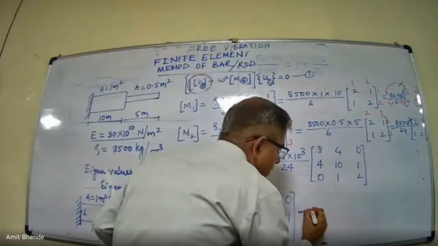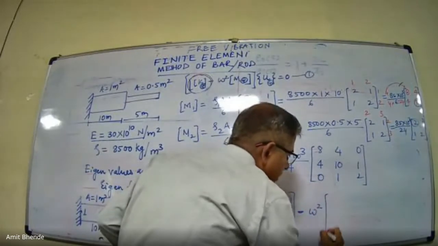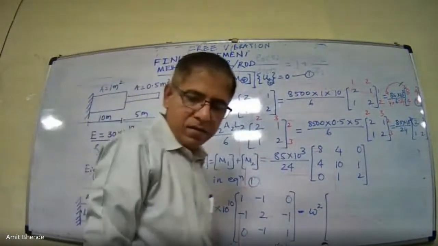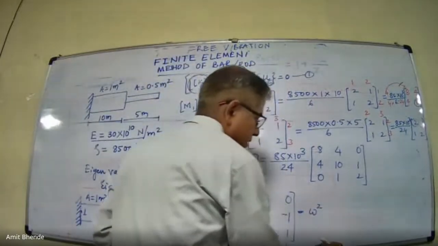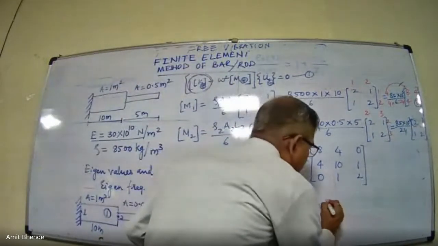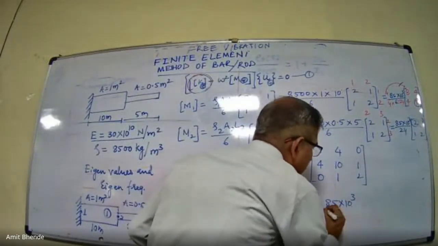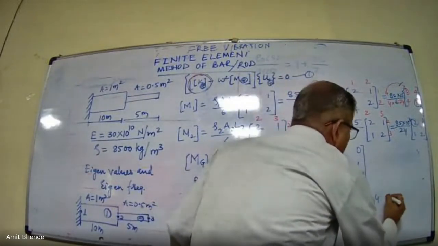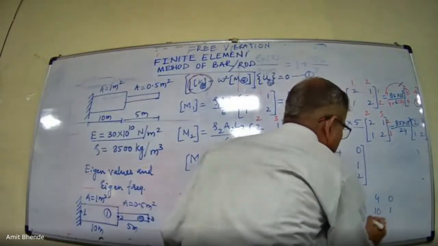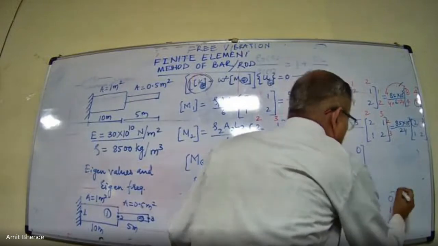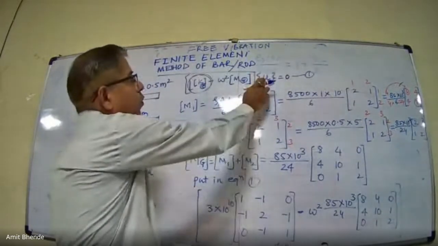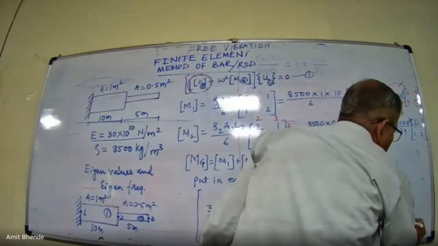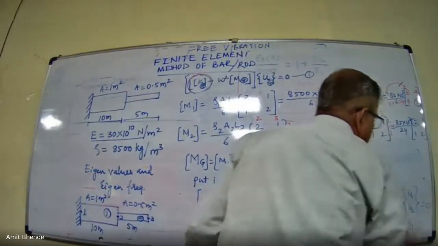Then minus omega square, then the global mass matrix, which is 85 into 10 to the power 3 divided by 24, 8 4 0, 4 10 1, 0 1 2, multiplied by the global displacement matrix U1, U2 and U3, and this is equal to 0.